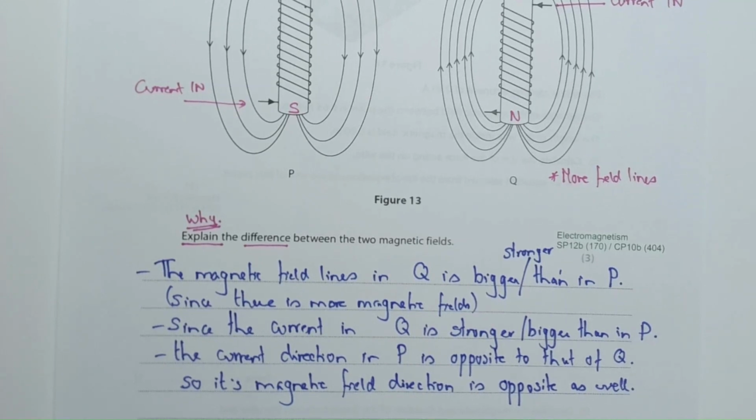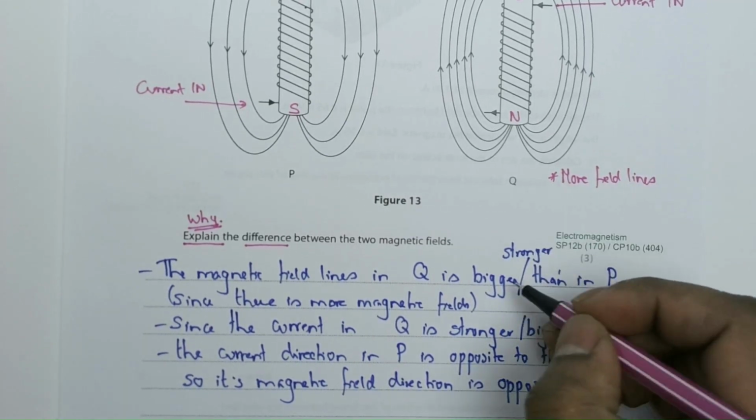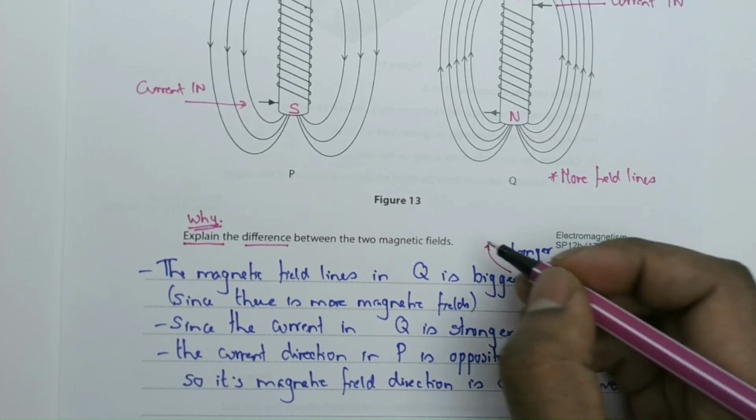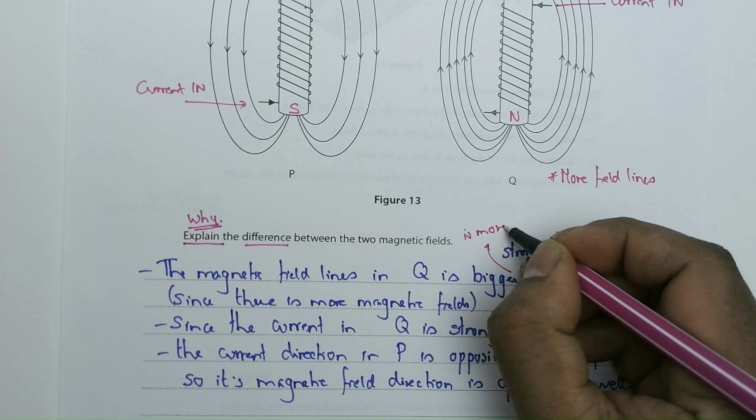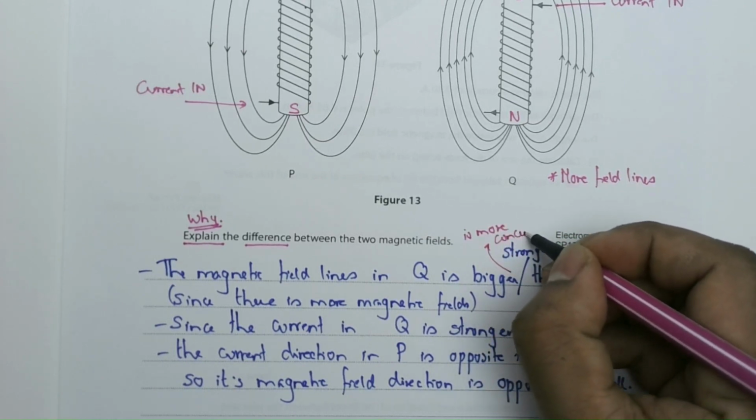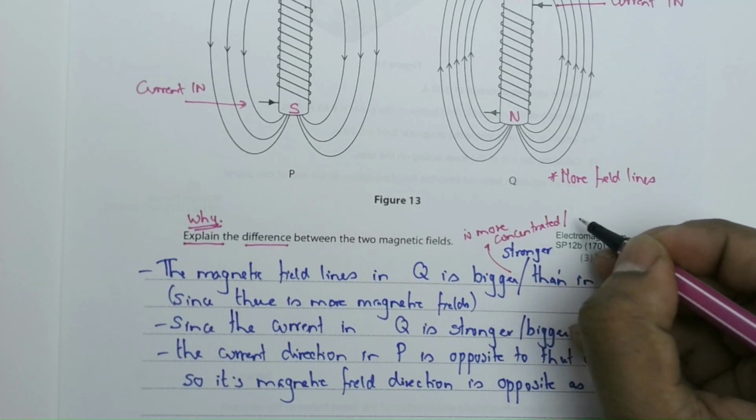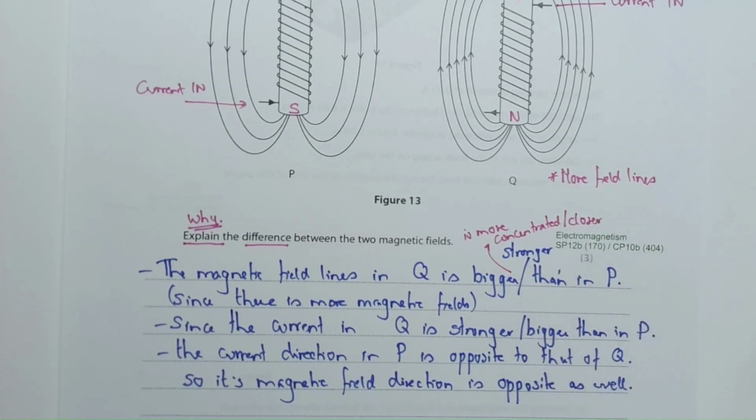Now, before I move on to the next part of the question, looking through the overall answer, ideally in the exam when you write the answer, you would look at the answer and see if there are any bits that you can add. Now, where I'm saying the magnetic field lines in Q are bigger or stronger, the better word would be more concentrated or closer.